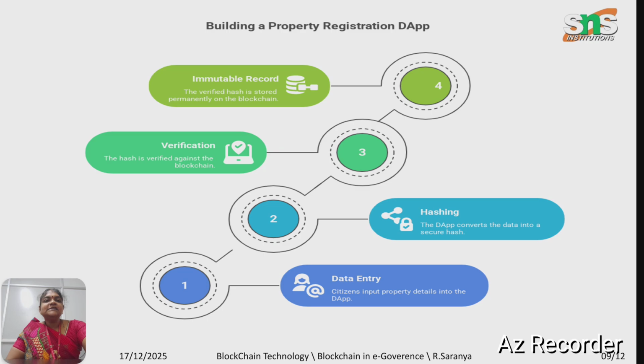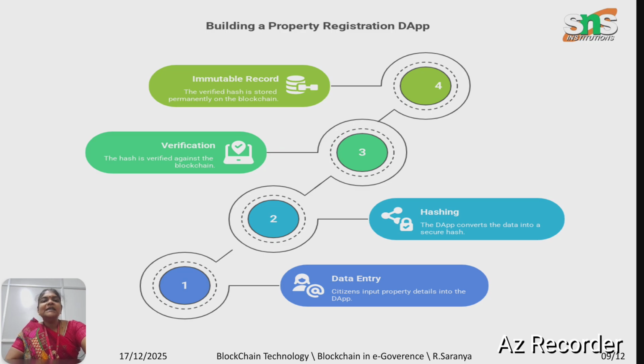So consider an example. If you are building a property registration app, first the data entry will be given. The citizen will be inputting the property details into the app. Next the app will convert the data into a secured hash. After that verification is done using the blockchain. After that those details will be entered as an immutable record into the distributed ledger system.